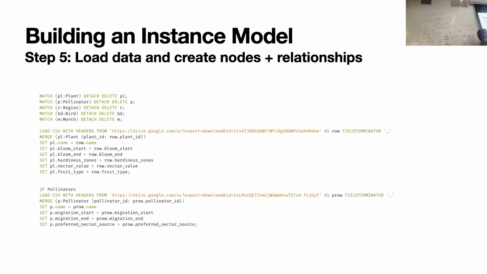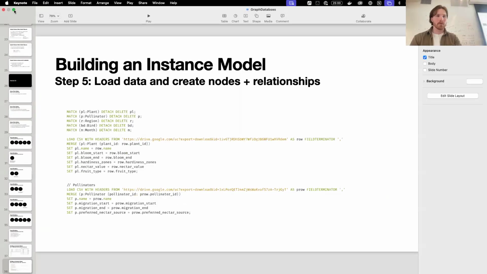Row is the object that represents our row of data in our CSV file. Then we march down through all of the different properties in our row object and set those on the actual node. And we're going to do this for each node type.